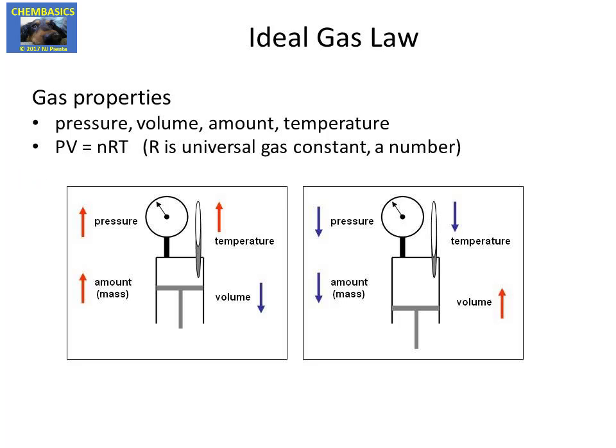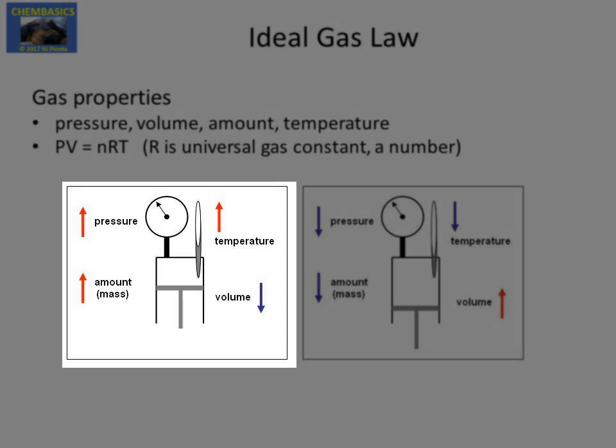In the stylized images below, there are two scenarios. One is if the pressure goes up, what could have happened given the equation PV equals nRT? Either the temperature went up, the amount went up, or the volume went down.